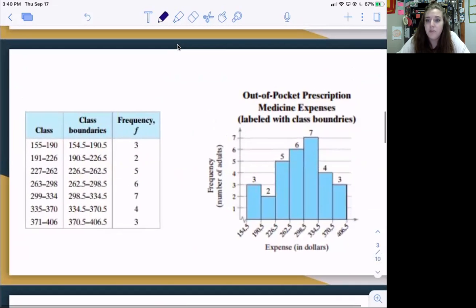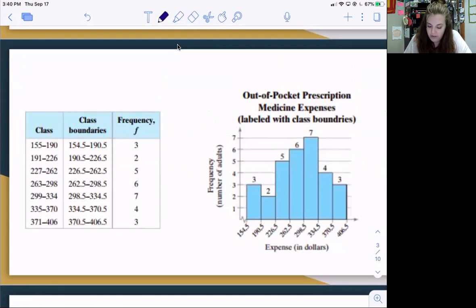We also can use labeling with class boundaries, which is what I think is the easiest, because each of your boundaries of your class are what bind that bar. So you don't have to remember to label the midpoint in the center. By using the boundary, it just represents the left and the right, and it matches the table a lot easier.